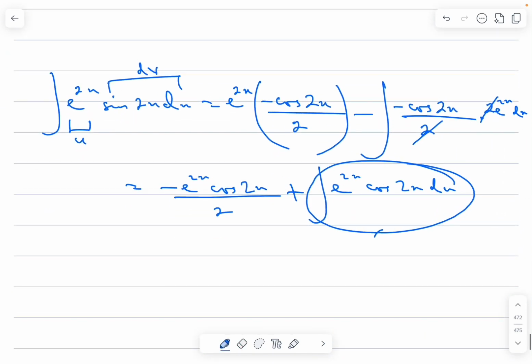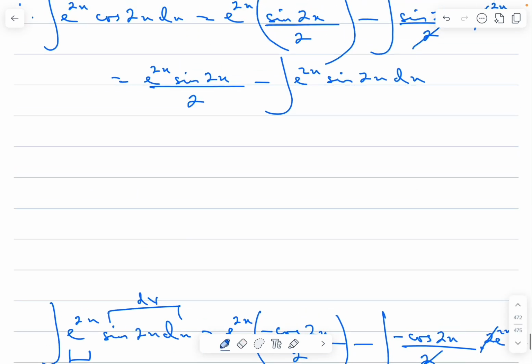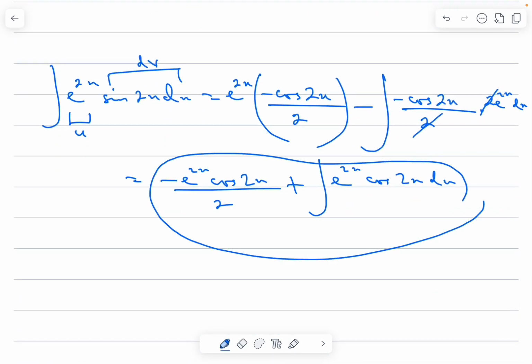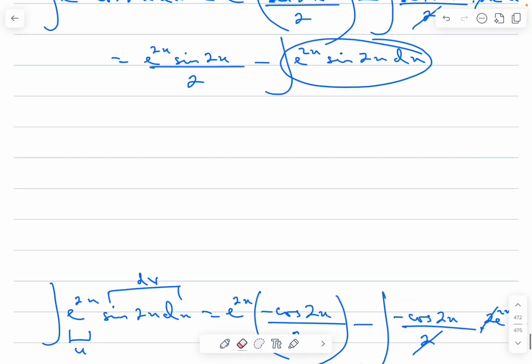So that simply means the integral of e raised to the power 2x sine 2x is the whole of this. So let's put it there.